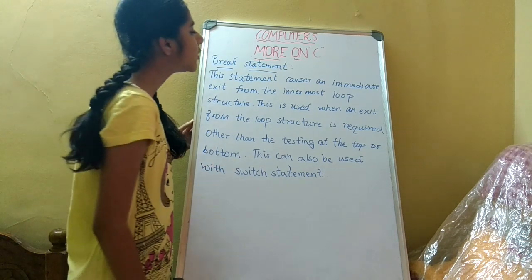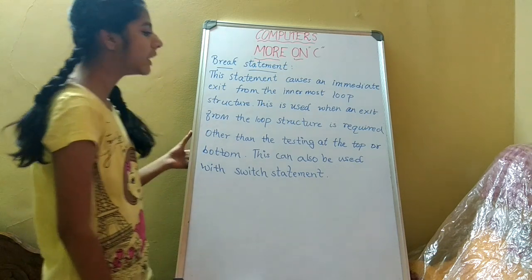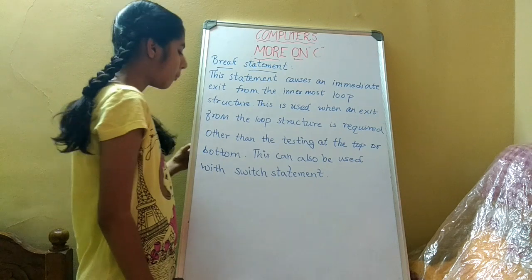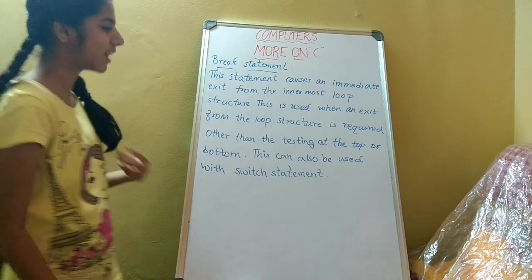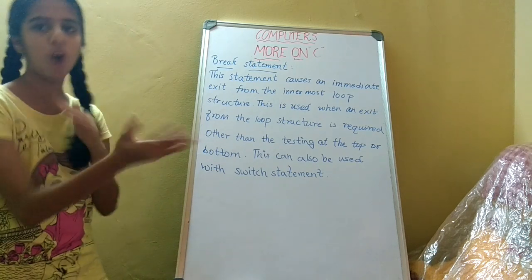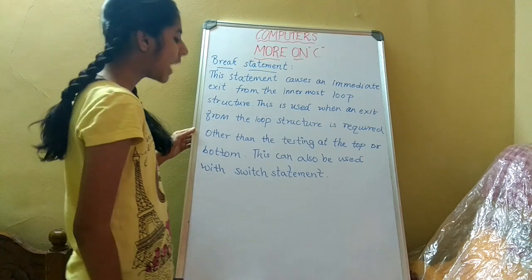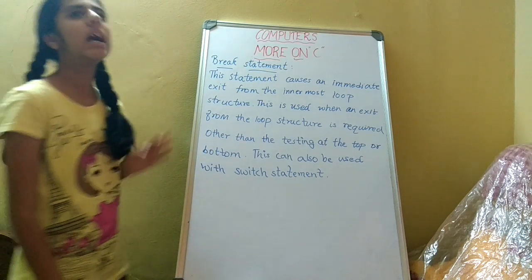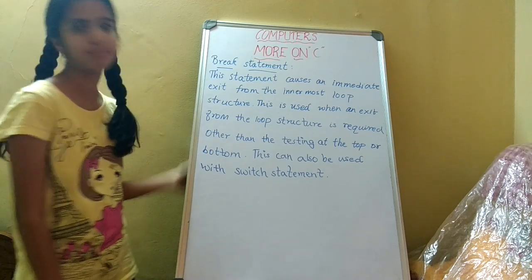It is used when an exit from the loop structure is required other than testing at the top or bottom. As I told you at first, we can also use this in the switch statement.